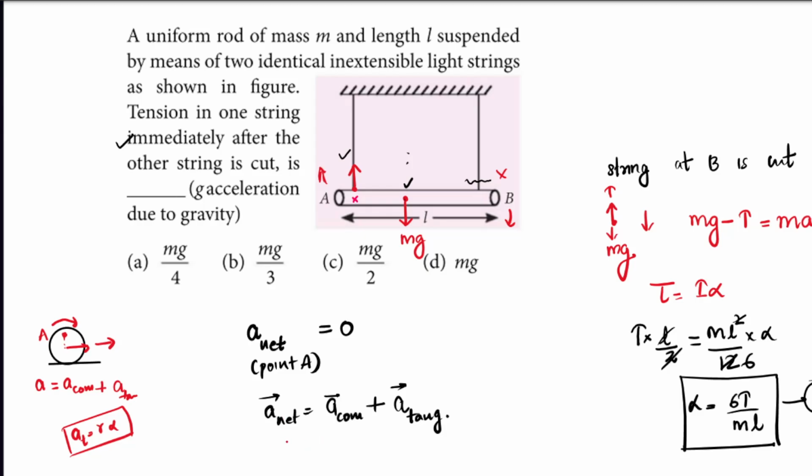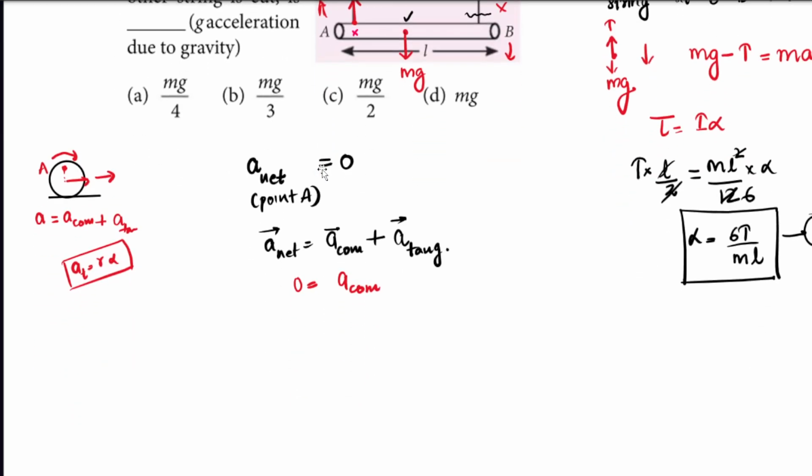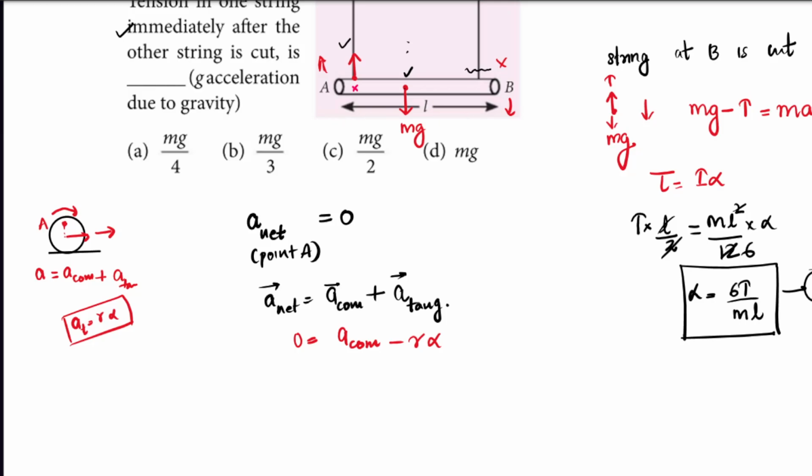So the net acceleration for point A is 0, since it's still connected with the string. So this is equal to the acceleration of center of mass plus or minus the tangential acceleration, which is r alpha. Why minus? Because both are in the opposite sense here. Since B is about to come down, the acceleration of point A is a bit upwards.